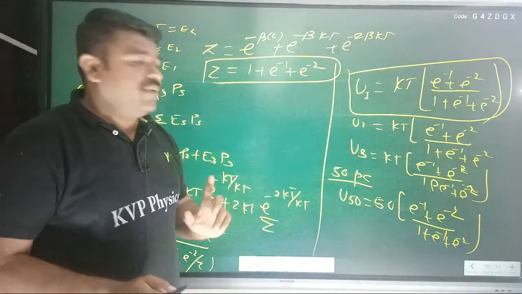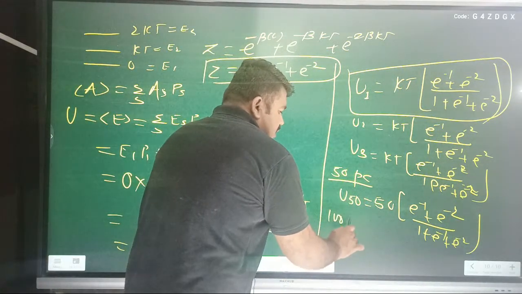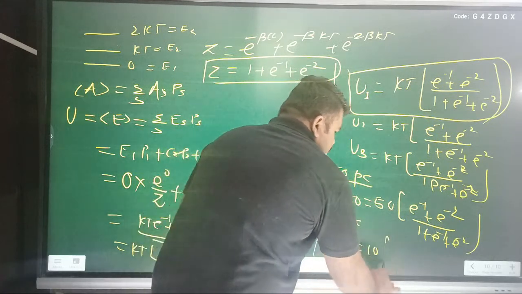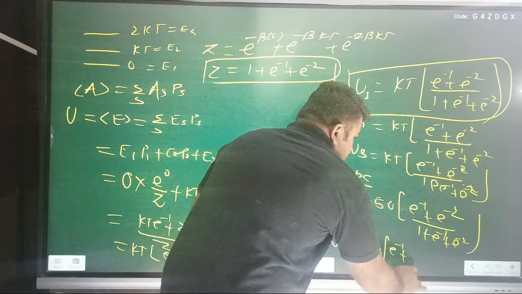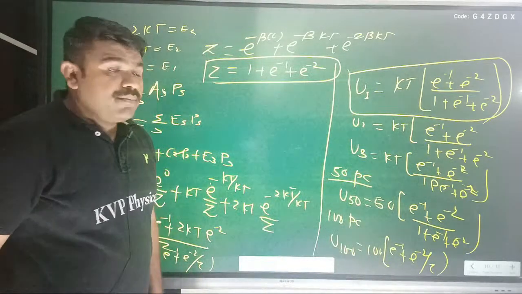Clear? Similarly, suppose 100 particles. Then U100 is equal to 100 into e to the power minus 1 plus e to the power minus 2 upon Z. Yes or no? आपको जनरल आइडिया आ रहा है?